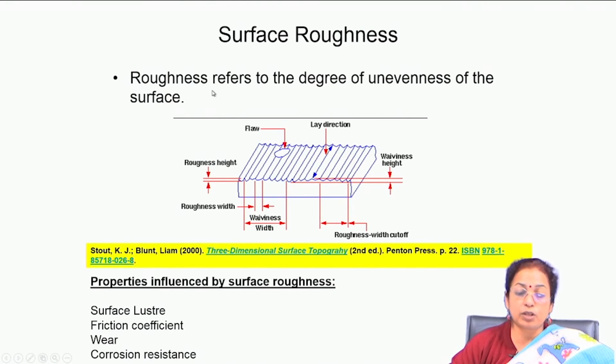So, if you talk about roughness, it is nothing but the deviation or unevenness of the surface as compared to its ideal surface actually, but what you see is that ideally no surface is roughless actually. So, there is always a certain degree of unevenness on the surface.